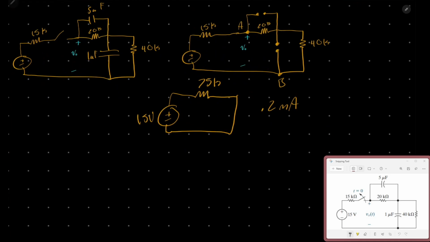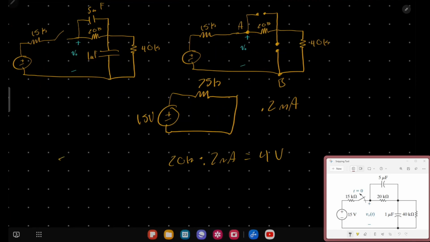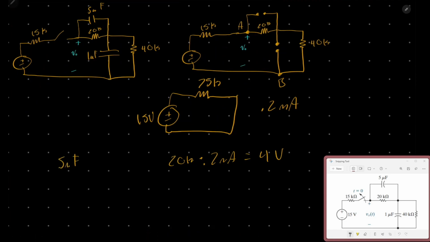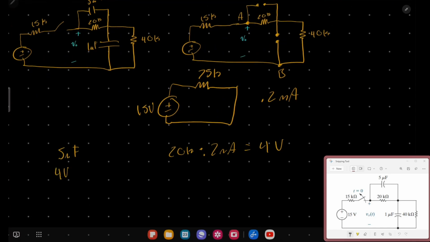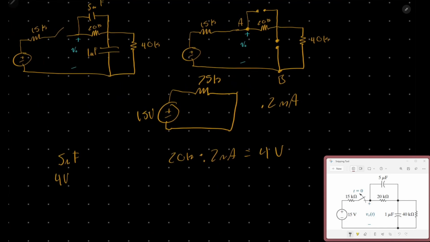So what we'll do is take 20K multiplied by 0.2 milliamps, and that will equal 4 volts. 4 volts, not 4 amps. So now we know that for the 5 microfarad capacitor, there is 4 volts. It is charged with 4 volts.